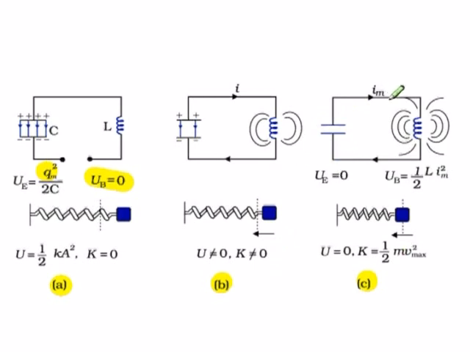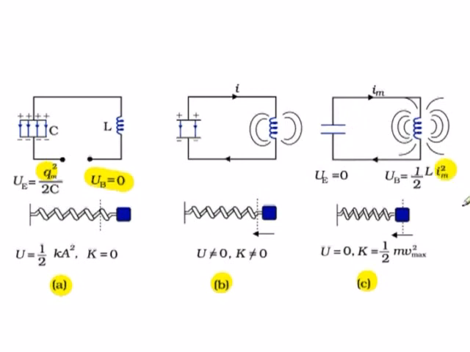Now coming to stage C, let us see the status of the LC circuit. As you can see from the figure, no charge remains at C, but all the charges have driven current through the inductor. The current through the inductor is maximum, that is Im, and the charge at the capacitor is 0. Therefore, UE becomes 0 and UB becomes half L i max square.